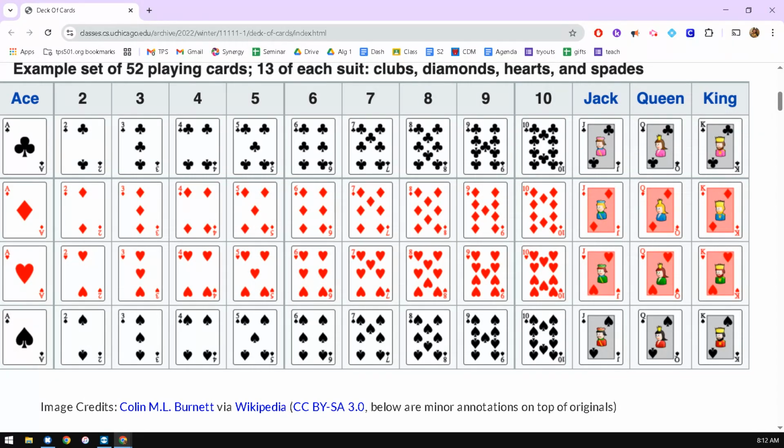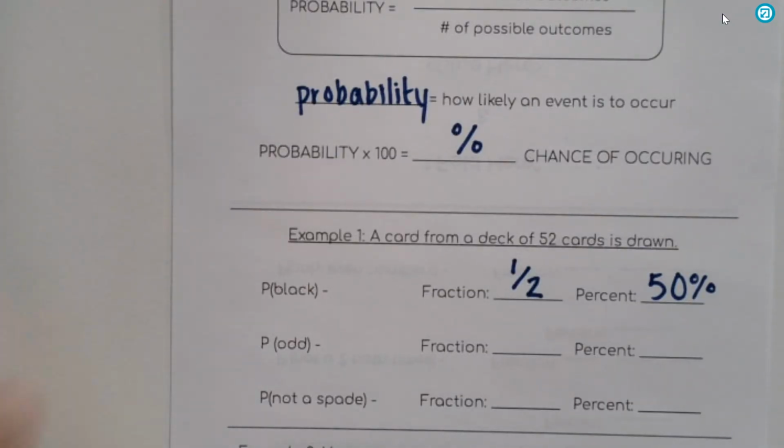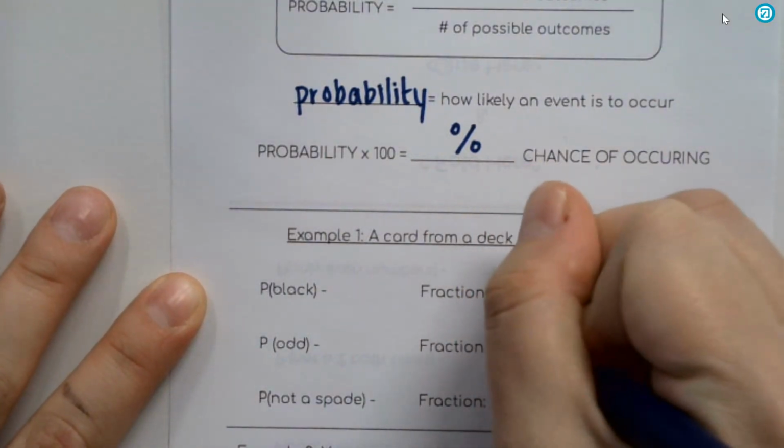Or we could say 16 out of all 52. Either way, it's going to be the same thing. I'm going to go with the smaller one. So I'm going to say 4 out of every 13 cards has an odd number on it.